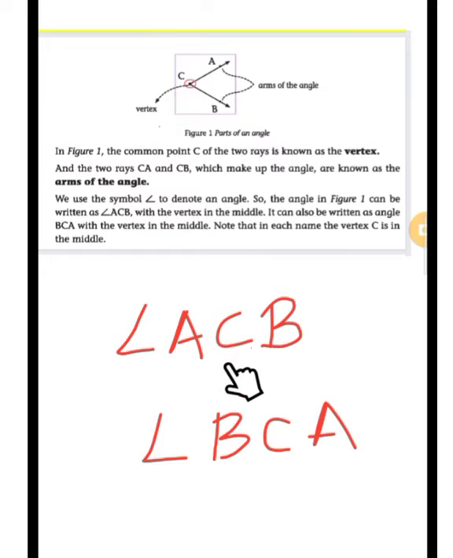In each we have mentioned the vertex in the middle. The rays which make up the angle are known as the arms of the angle. This is ray CA and this is ray CB. The common point is called the vertex.